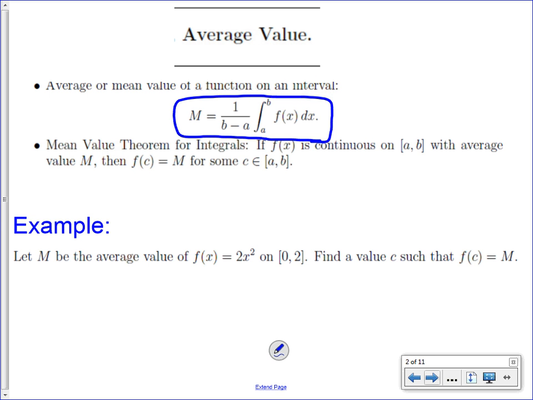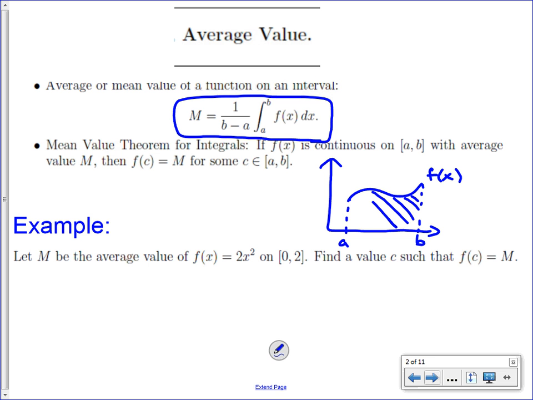So graphically, what we're talking about is, remember, the solution to the definite integral is the area. So let's just say that we have some curve from a to b, some function, we'll call it f of x. And the definite integral is going to represent the area between that curve and the x-axis.